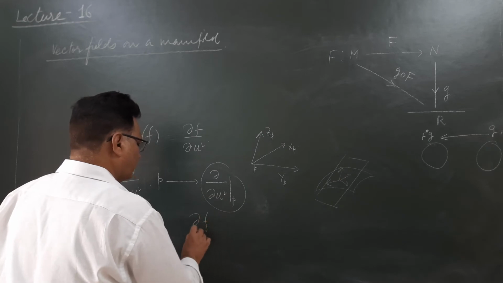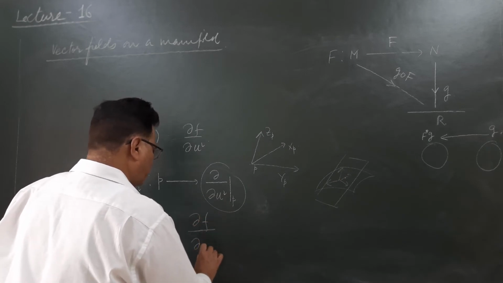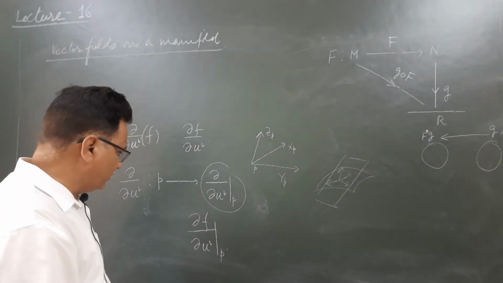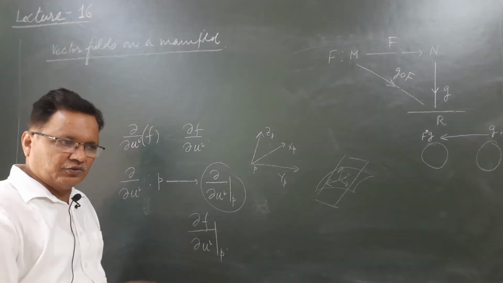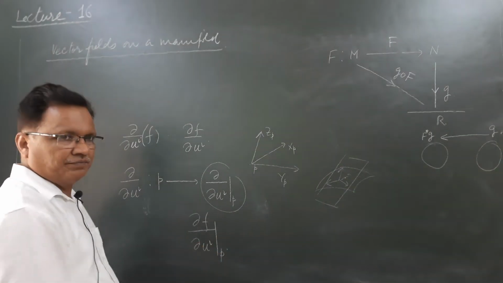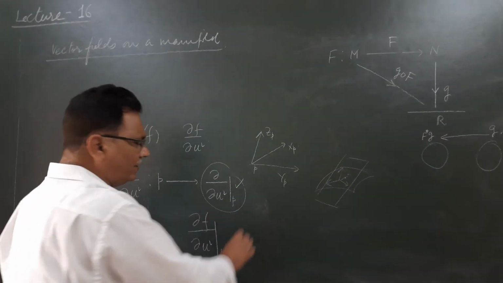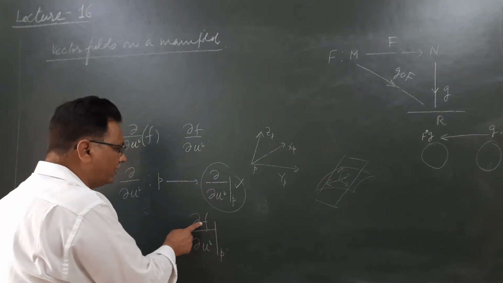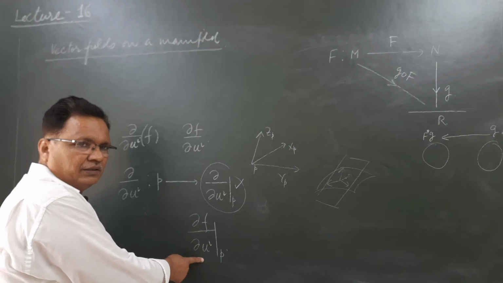It operates on a function and produces scalars. If you partially differentiate a function and evaluate it at a point P, you will get this scalar. But what is this? This is a tangent vector. This is a tangent vector whose value at f is the real number this.